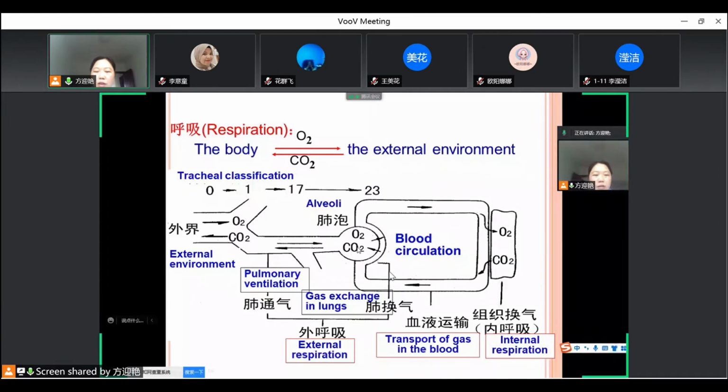What is the direct force needed for the gas movement?